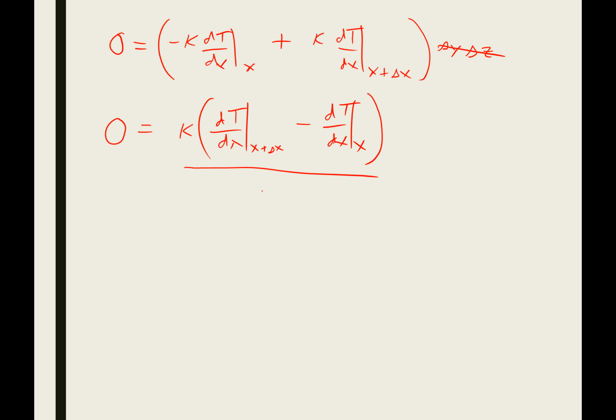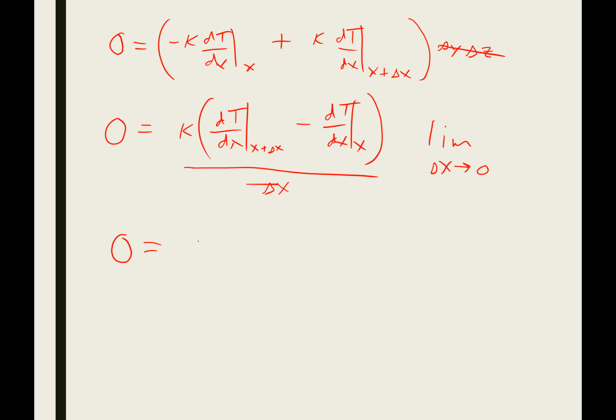I should have done that earlier. Okay, so what is this looking like now? That's looking like the definition of derivative, except it's the derivative of a derivative. So if we take the limit as delta x goes to 0, we end up with an equation that looks like this.